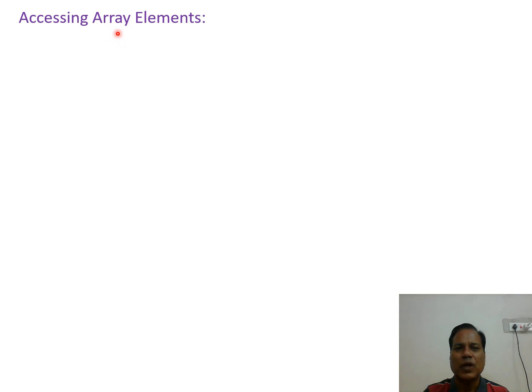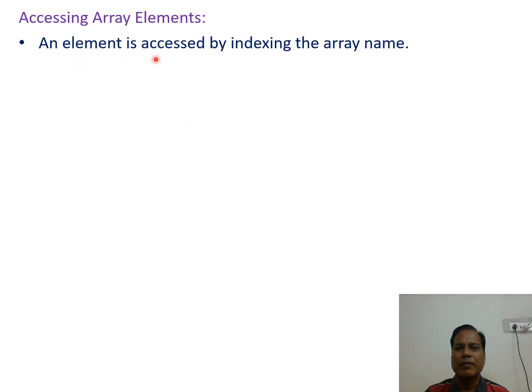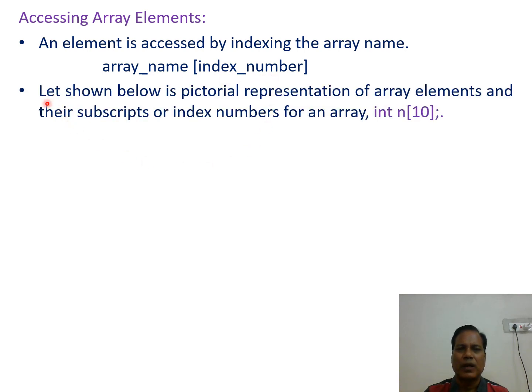Accessing array elements. An element is accessed by indexing the array name. Array name, then index number. Shown below is a pictorial representation of array elements and their subscripts or index numbers for an array int n[10].